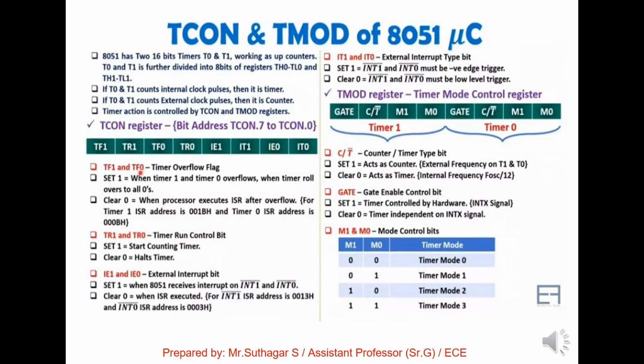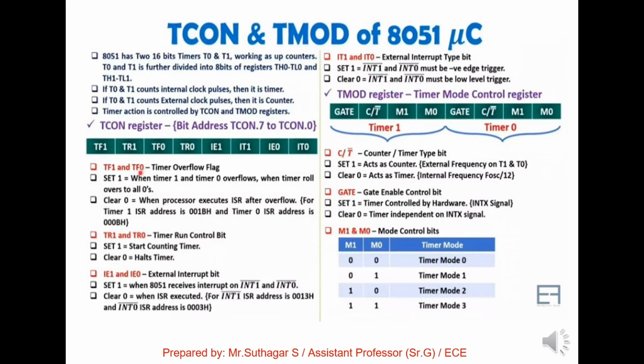M0 and M1 are the mode control bits. If M1 and M0 are 0 0, it acts as timer mode 0, if it is 0 1, timer mode 1, if it is 1 0, timer mode 2, and if it is 1 1, timer mode 3.